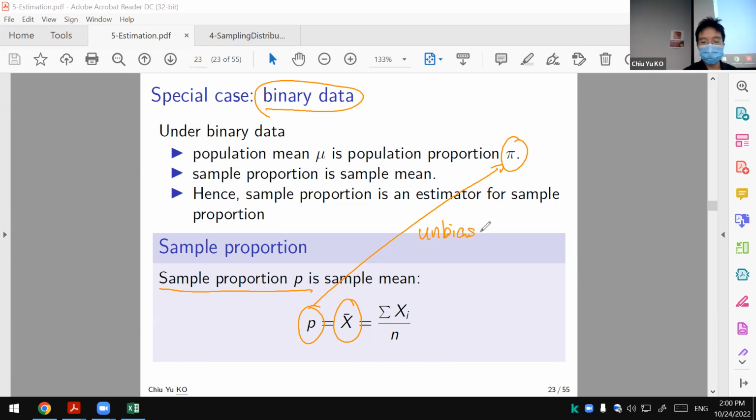It is also efficient, and it's consistent. So those are three good properties, inherited from the sample mean, because the only thing that changes is the data. Now we just take the values 0 and 1. There's nothing new in this context.